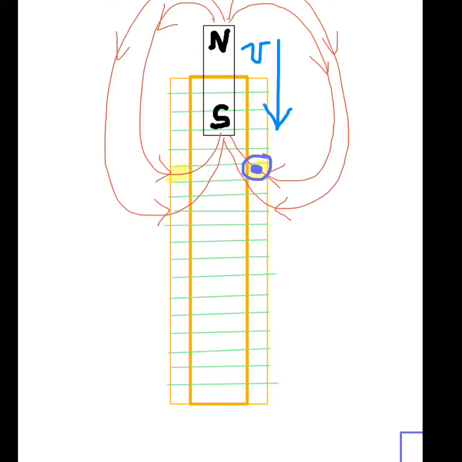If your thumb's pointed up and your fingers are pointed left to right, then which way is your palm facing? Well, of course, you know. Your palm would be facing into the board. So we get a force into the board on the left side, coming out of the board on the right side.